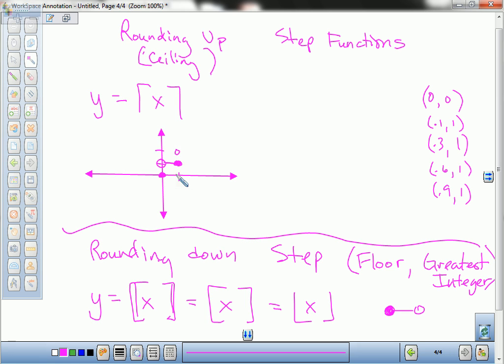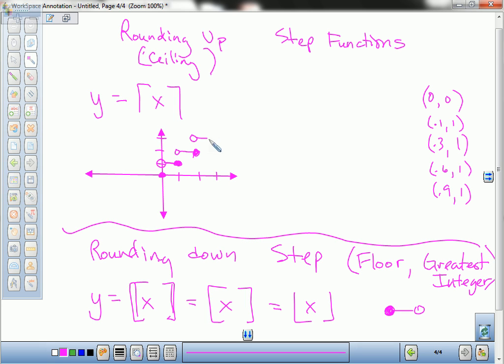Everything just past 1 will round up to 2. And I'm good until I get to 2. 2 is 2. But immediately after 2, it's going to round up to 3. I mean, immediately. 2.0000001 will round to 3 if we're rounding up.